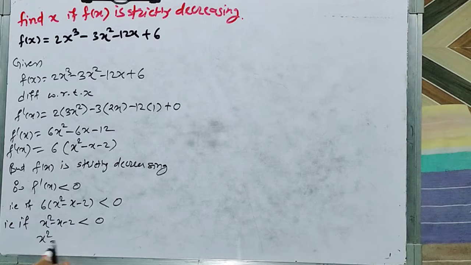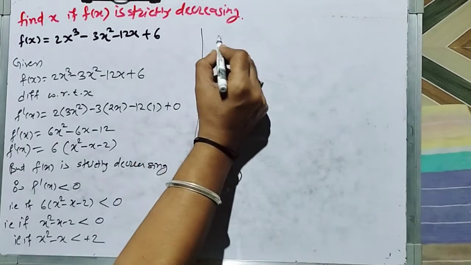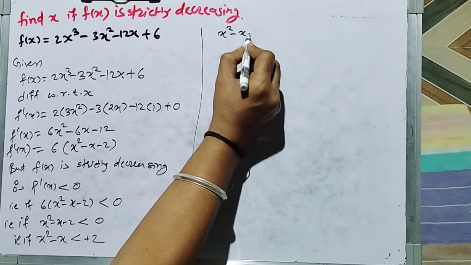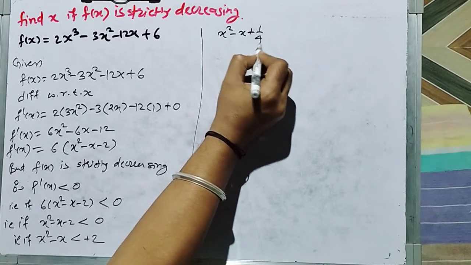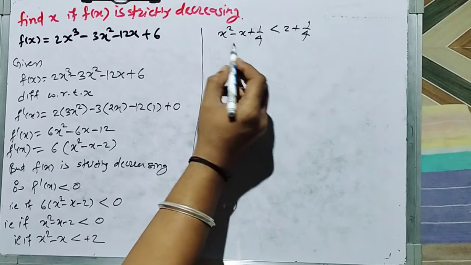So here x² - x is less than 2. For completing the square we add half of the coefficient of x, meaning half of 1 is 1/2, square means 1/4. So we add 1/4 on both sides. So this is x² - x + 1/4 is less than 2 + 1/4.